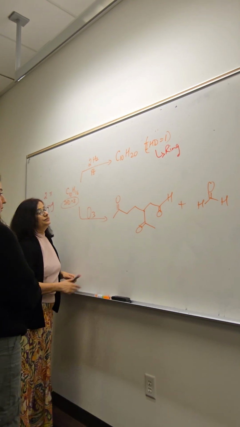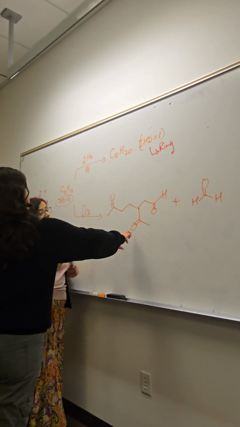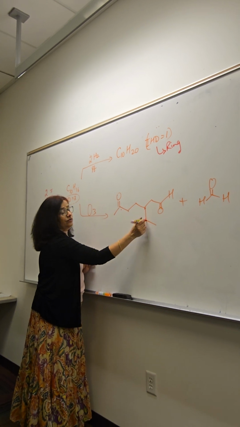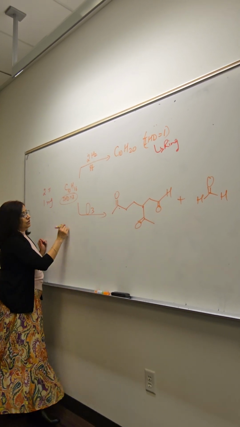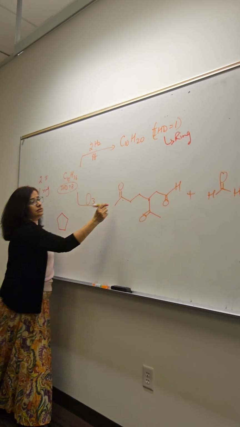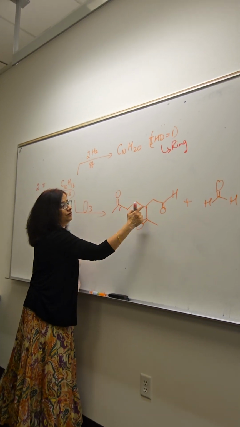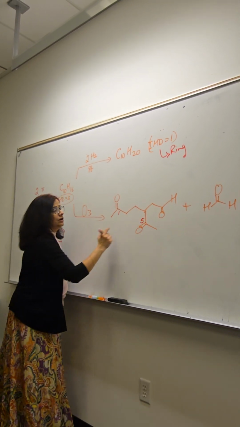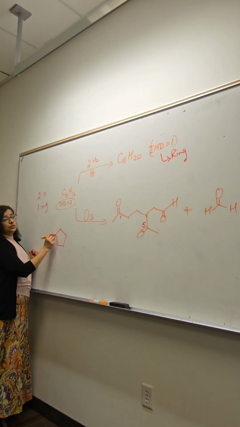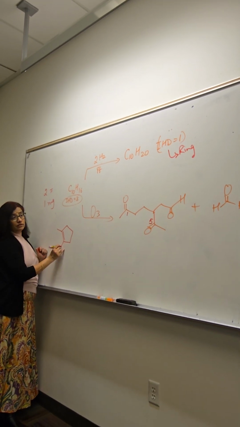Would these go together? Okay, so 1, 2, 3, 4, 5, a ring, right? So cyclopentane. And if that is 1, 2, 3, 4, 5, there's a double bond between them, and each of 1 and 5 has a methyl, right?